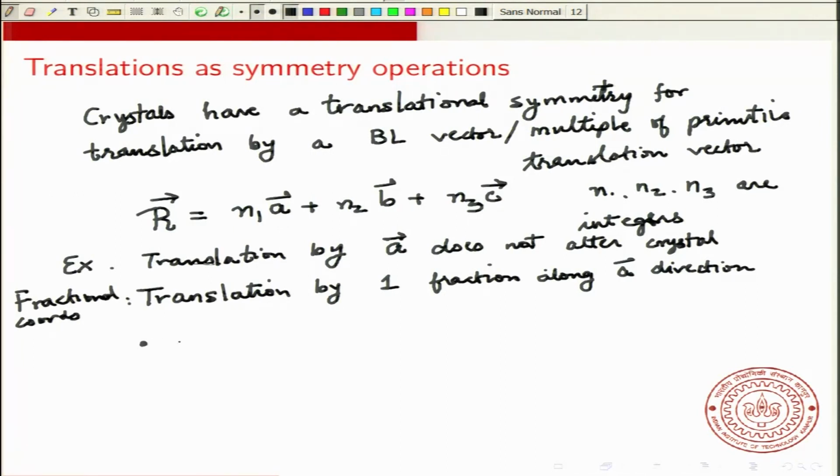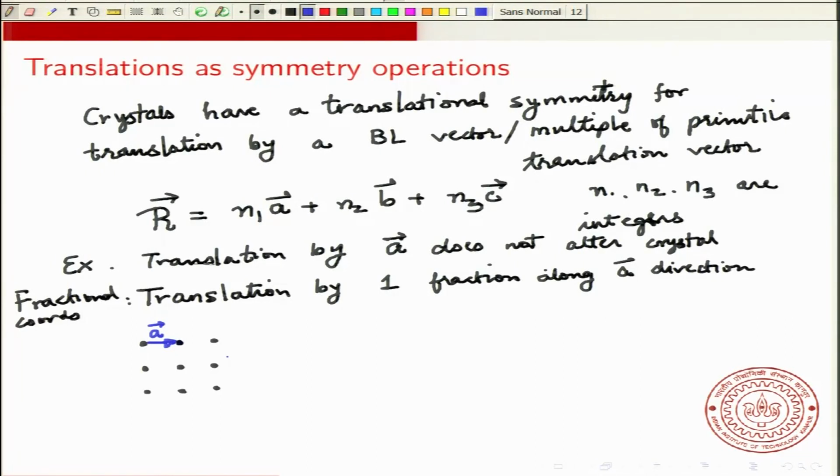Suppose you take a crystal formed using a square lattice. If you translate every point by a distance a, by 1 unit along this direction, you will get an identical crystal.